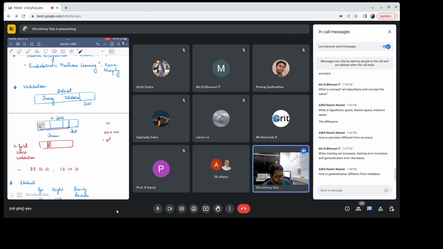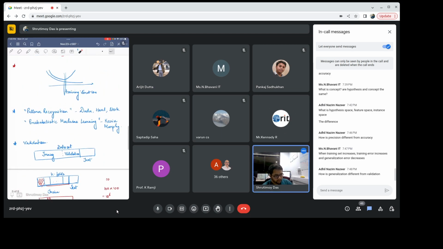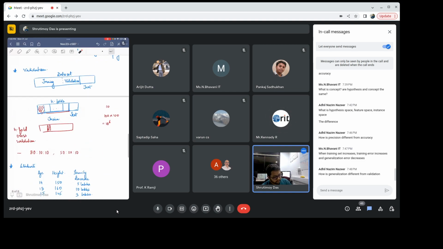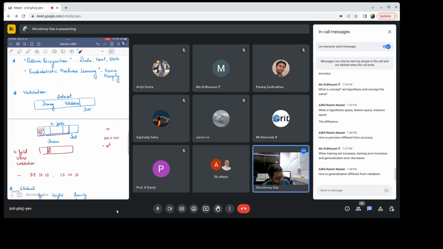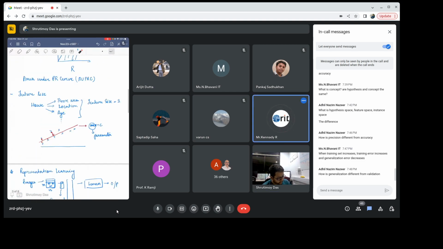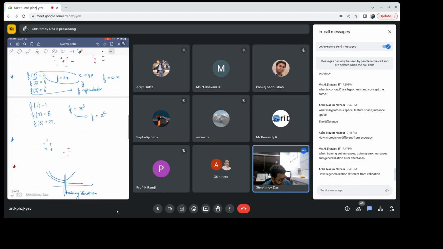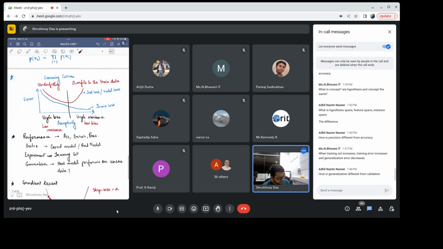Generalization is a different concept. As you can see in the learning curve, even if your model learns or memorizes all the training examples, its performance on unseen test data need not be good.